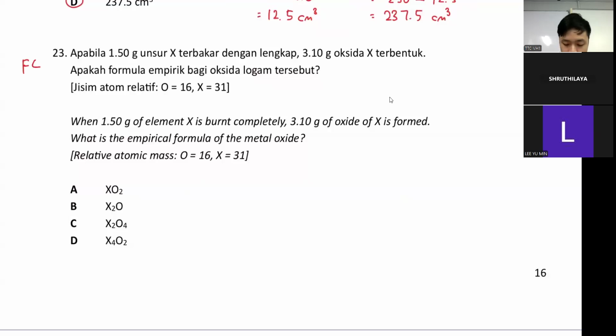This one is Form 4, Chapter 3. This one is to find the empirical formula. If you see this, you have to know you will find the formula through drawing a table. So I straight away draw a table for you.